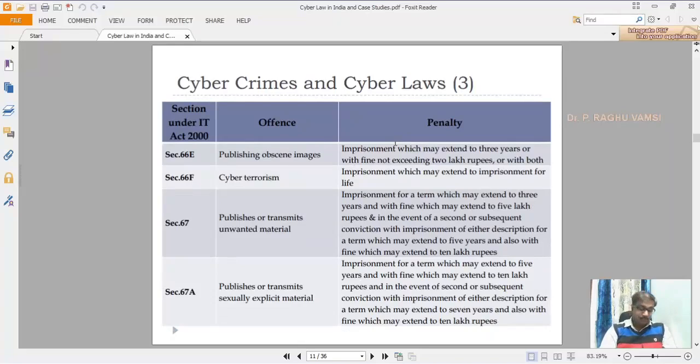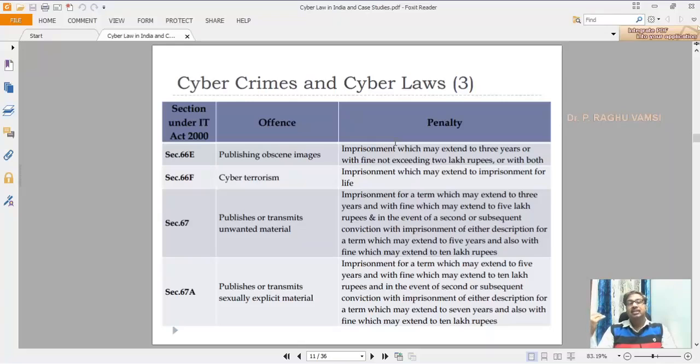Cyber terrorism. Usually, cyber terrorism is a case which you may find whenever you are making terrorism related comments or terrorism related messages, or planning terrorist activities against a country, which will be regarded as a threat to national security.